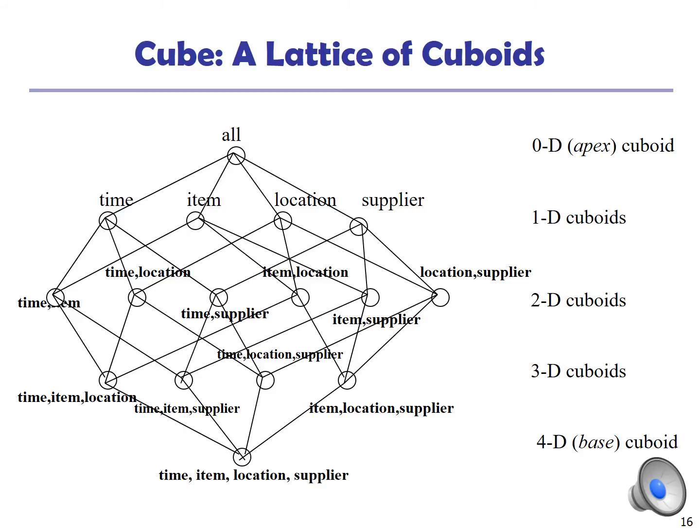So there are 4 possible ways of picking 3 dimensions at a time, and they give you your 3-dimensional cuboids. Finally, how many ways can you pick all the dimensions? There's only one way of doing it, and that gives you your 4-dimensional, or base cuboid.